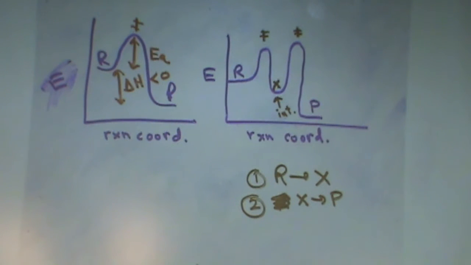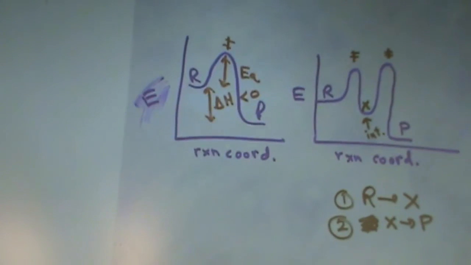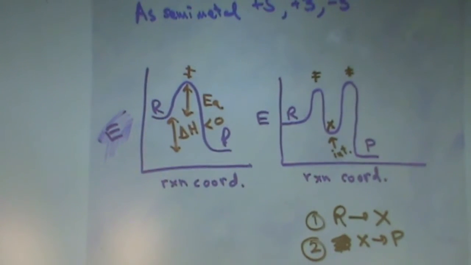Yeah? So why does exothermic mean it's thermodynamically favored? Because thermodynamically favored means going to more stable products. Stable products means lower energy. Yes? I thought that any sort of drop would be thermodynamically favored, so wouldn't step 2 just be more thermodynamically favored?